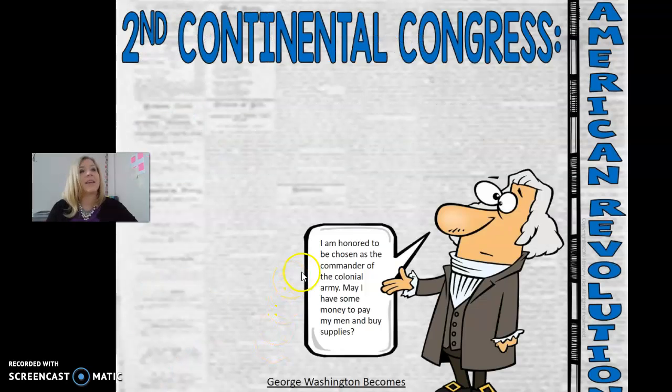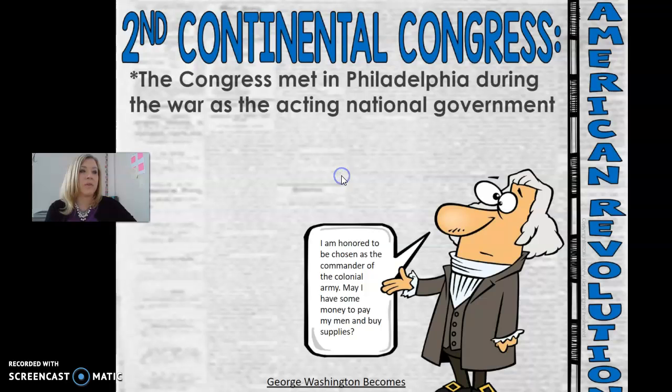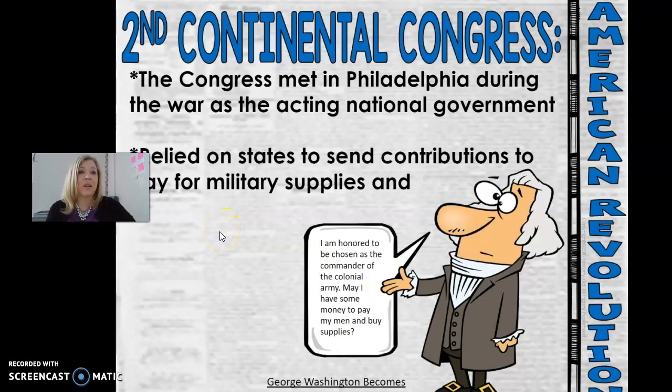Let's talk about the Second Continental Congress. We've kind of alluded to this. George Washington becomes the commander of the army, and we'll talk about that. So the Congress meets in Philadelphia during the war, and this is to create a national government. So they're going to rely on each of these states, because at this point these colonies now are states.